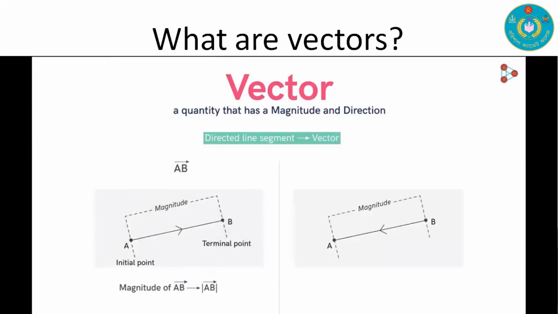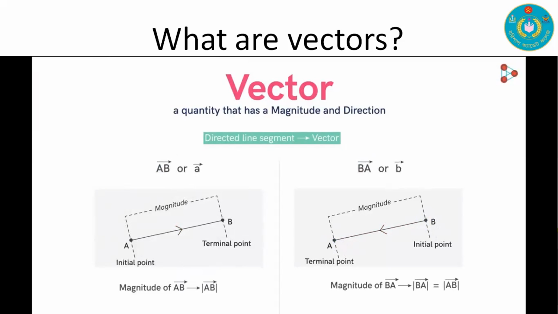If the direction is from B to A, then this is also called a vector, and the vector is BA. Here the initial point is B and the terminal point is A, and the magnitude of the vector BA is the modulus of BA.